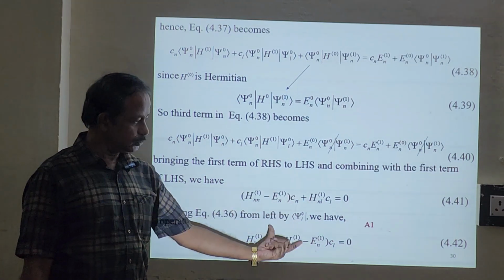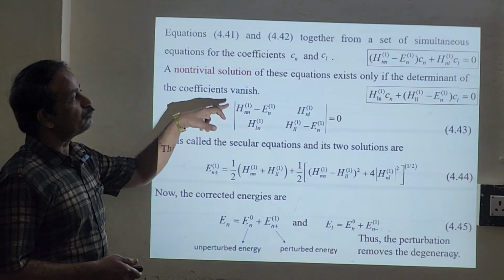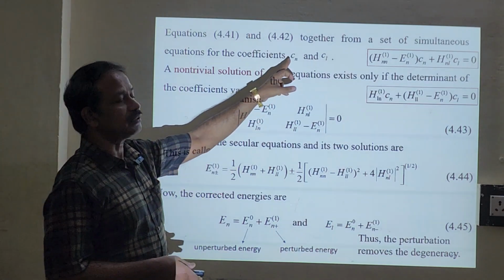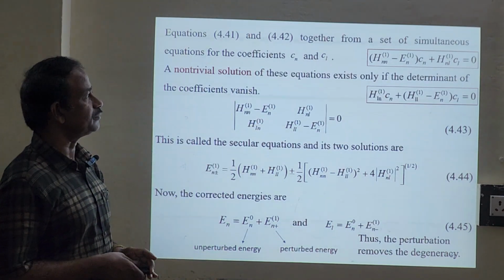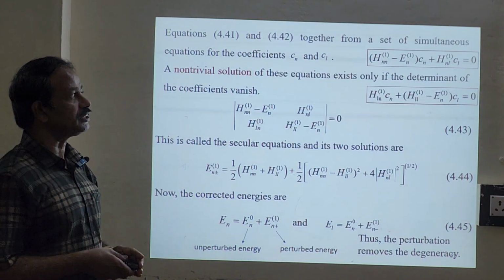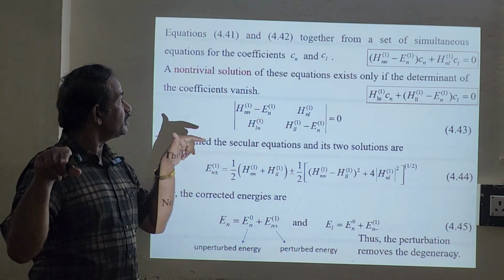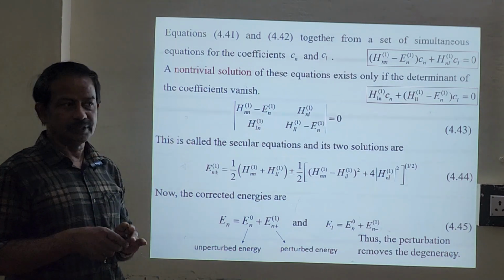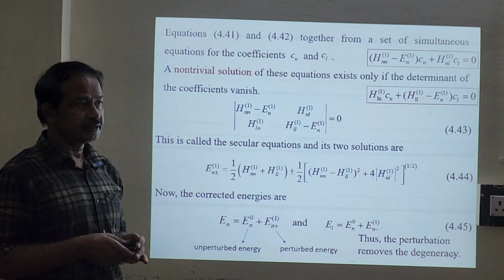So we have two sets of simultaneous equations, and we are going to solve for the coefficients Cn and Cl. We will get a non-trivial solution of these two simultaneous equations if the determinant equals 0. If the determinant of the coefficients vanishes, we get a non-trivial solution.